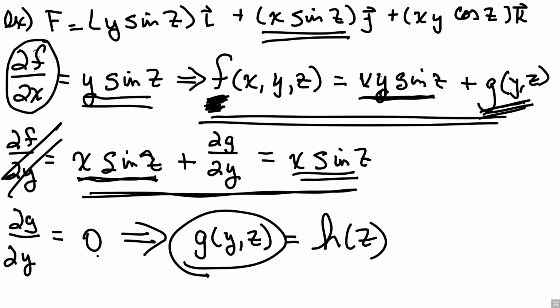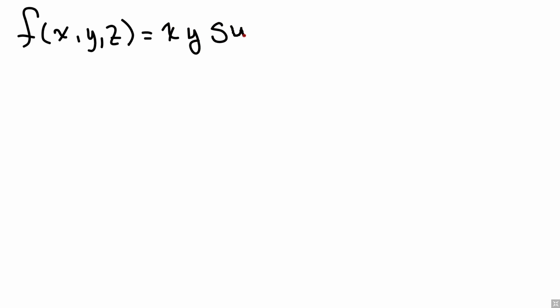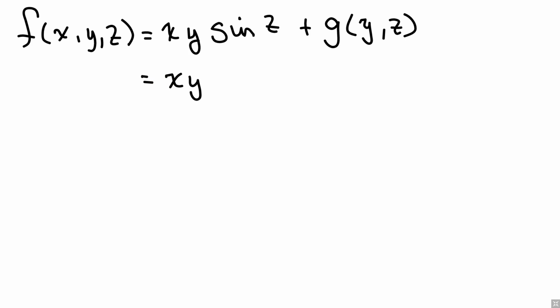So I'm going to have f of x, y, z, and we said that was equal to xy sine of z plus g of yz. We established that g of yz is equal to h of z.